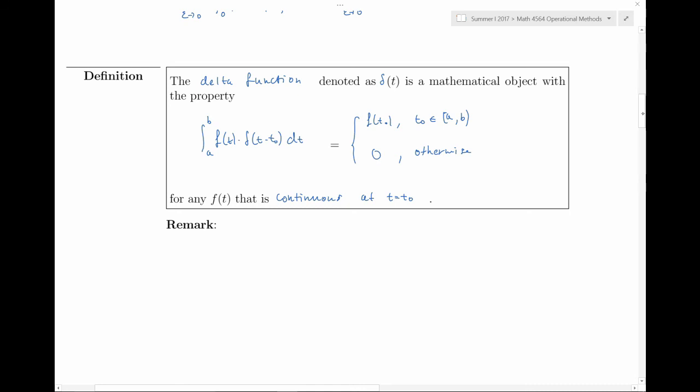I want to add one important remark. What if I integrate my delta function just by itself? Then the result is going to be 1 if t is greater than t naught, or 0 otherwise.